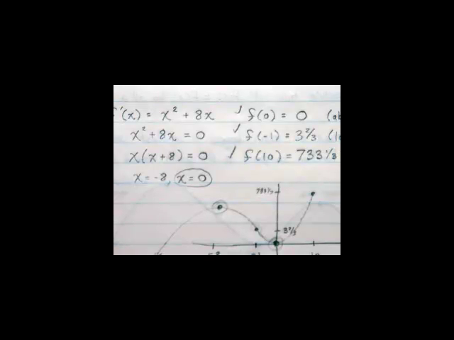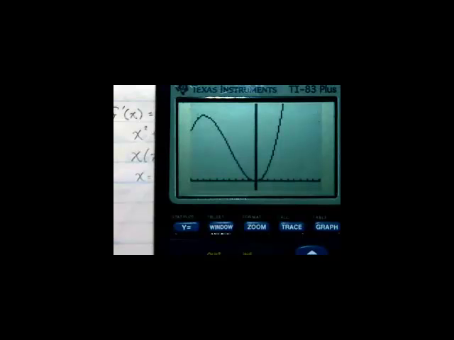What we're looking for, like I said, is that when x is negative 8, you should see a maximum. When x is 0, you should see a minimum, because those are the two places where the derivative was equal to 0. So I made my y max 100, and I'm getting a graph that looks kind of like that. And that verifies it.